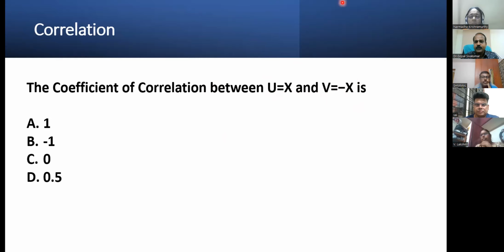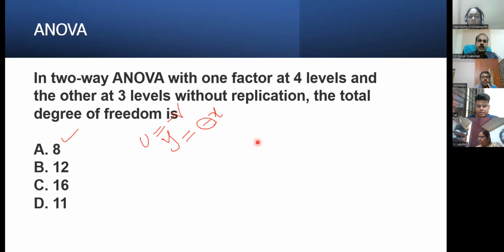Let me write it here for you. B, -1. Very good. If you have this equation U equal to minus V, or Y equal to minus X, the correlation coefficient is -1. B is the correct answer. Hope all of you understand, right? Now we move on.